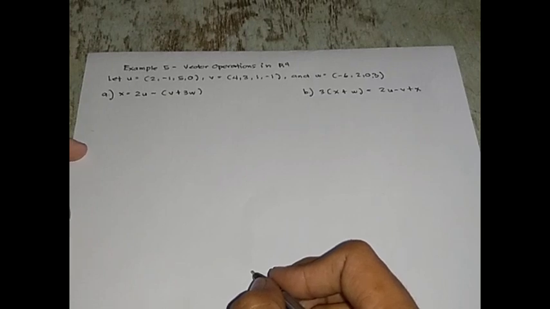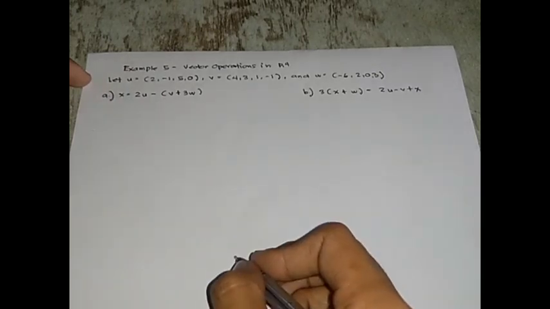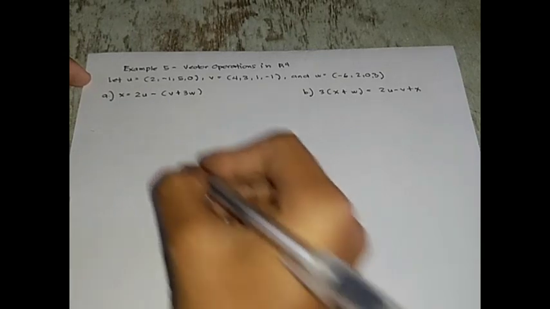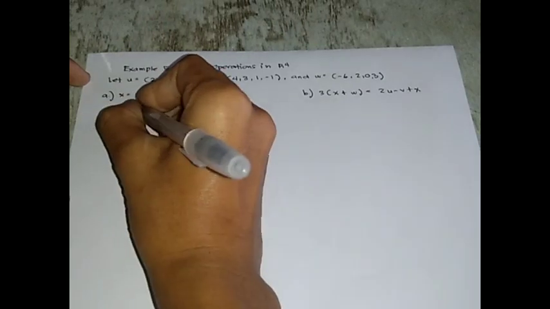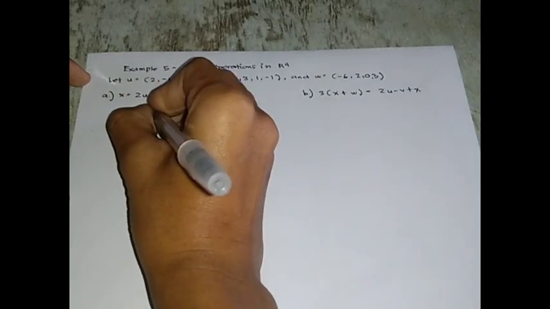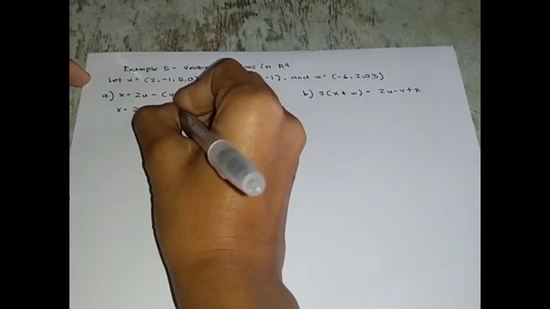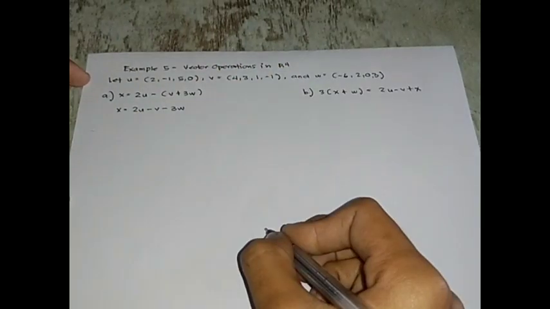For letter A, x is equal to 2u minus the quantity of v plus 3w. Using the properties listed in 4.2, we have x is equal to 2u minus v minus 3w.